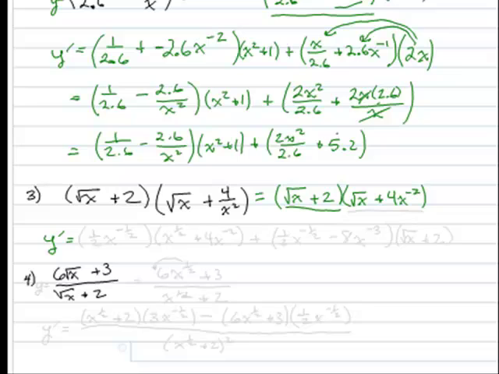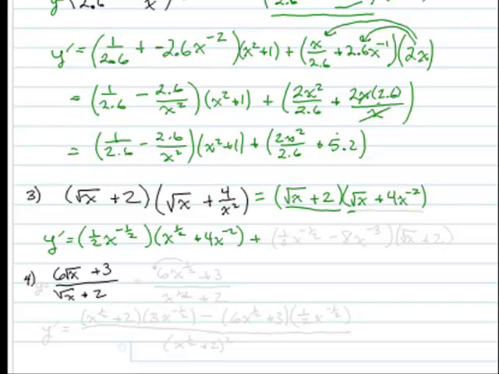So the derivative of square root of x is 1/2 x to the negative 1/2. Derivative of 2 is 0. So that first part is done. And this gets multiplied. Let's go ahead and write it as x to the 1/2 plus 4x to the minus 2, because we're leaving that part alone.